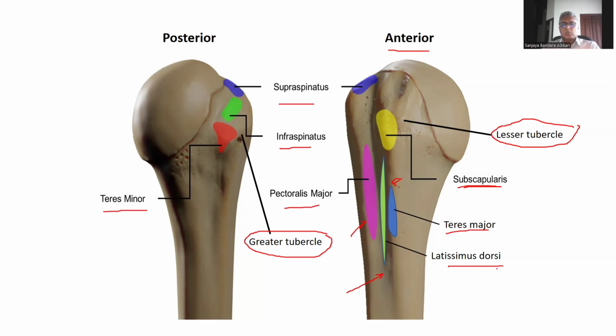Then you also know that through this intertubercular groove, the tendon of the long head of biceps will pass to get attached at the top to the supraglenoid tubercle here, and the long head of triceps here, coming like this, gets attached to the infraglenoid tubercle of the scapula here.